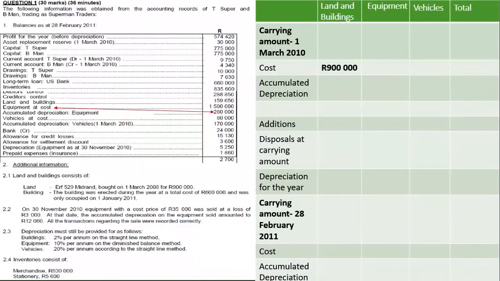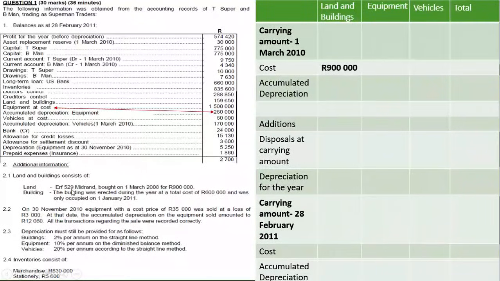We are told that on 30 November 2010, that is during this period, equipment with the cost price of 35,000 rand was sold at a loss of 3,000 rand. At that date, the accumulated depreciation on the equipment sold amounted to 12,060 rand. All the transactions regarding the sale was recorded correctly.